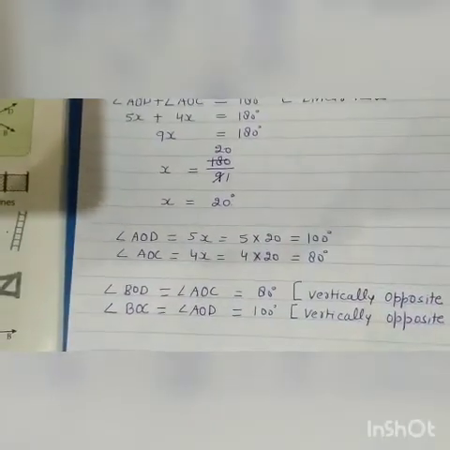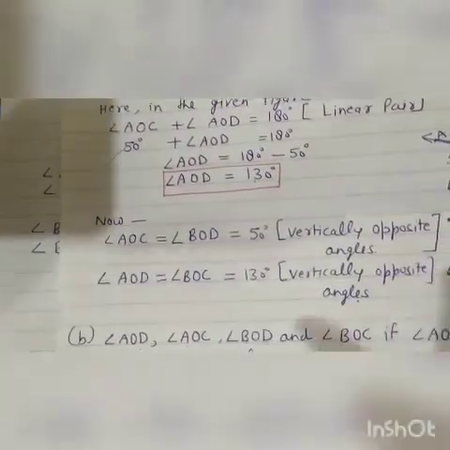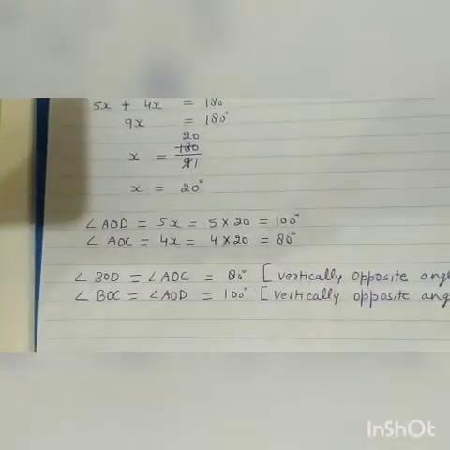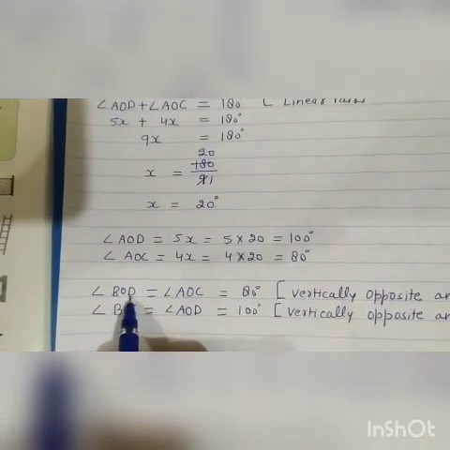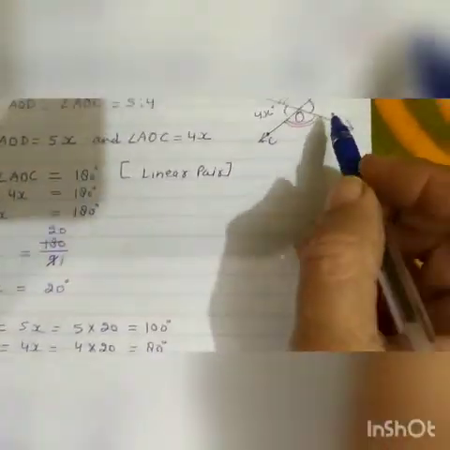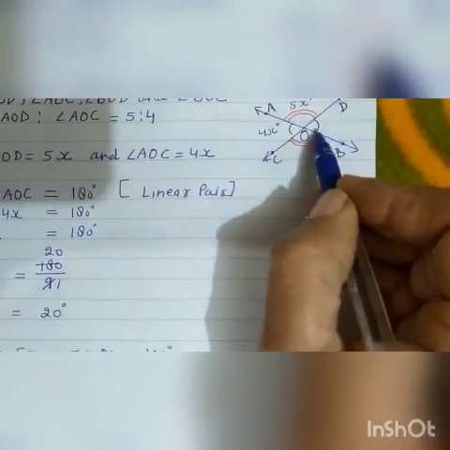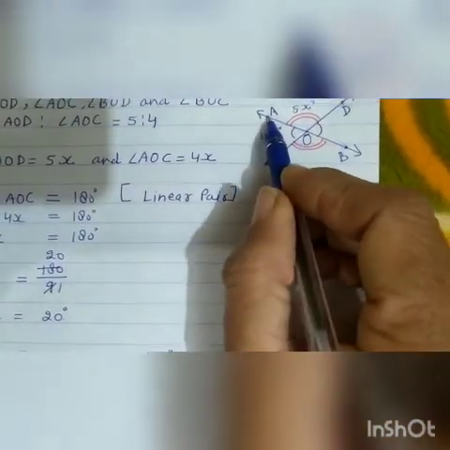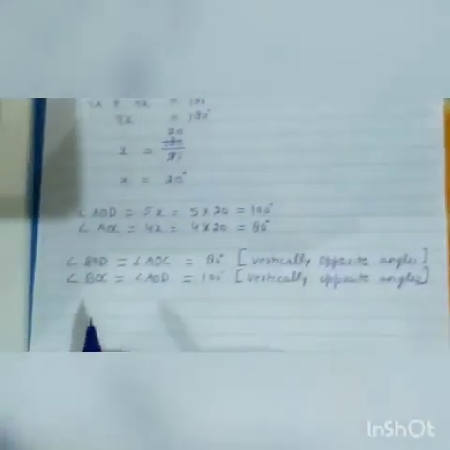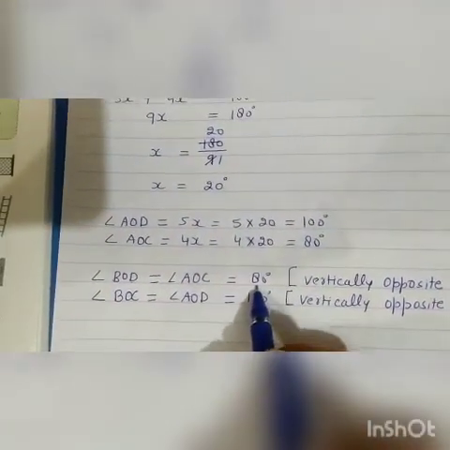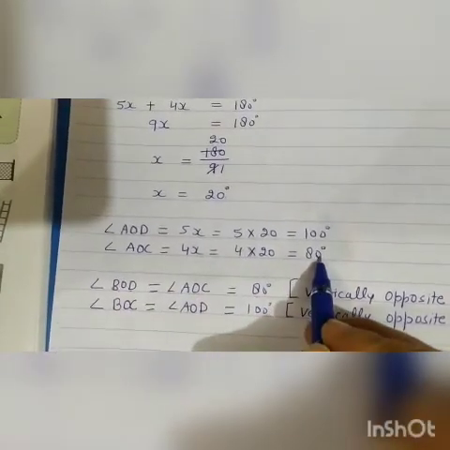Then again, as we did in the first question, we will write angle BOD is equal to angle AOC. See angle BOD, which angle is opposite to it? Angle AOC. So angle BOD equals angle AOC equals 80 degrees.